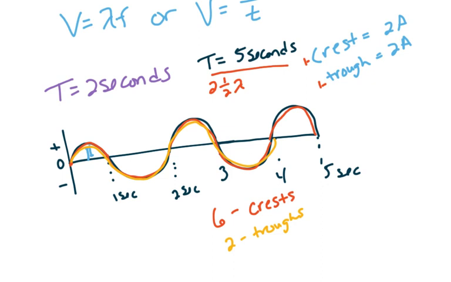So if every amplitude happens twice for a crest, that means this is 6 times 2 amplitudes, which is 12 amplitudes. So that went through the amplitude 12 times. 2 troughs would be 2 times the amplitude, which would be 4 times the amplitude.